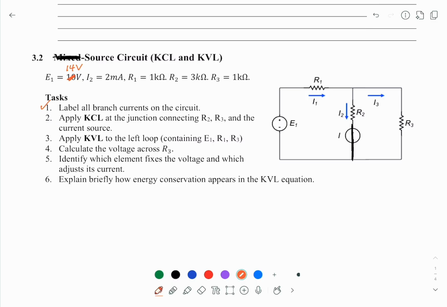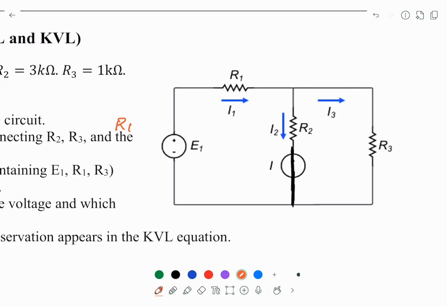And the current source, we don't have a current source, but we know R2 and R3, and it should be R1. In this case, we can see there are 2 nodes. This is node A, this is node B. And just to make it clear, this is positive, negative.